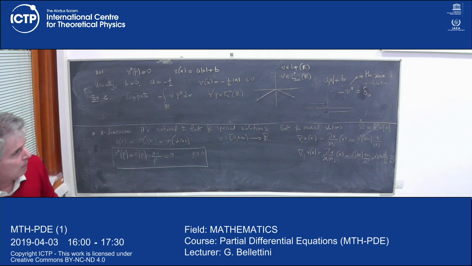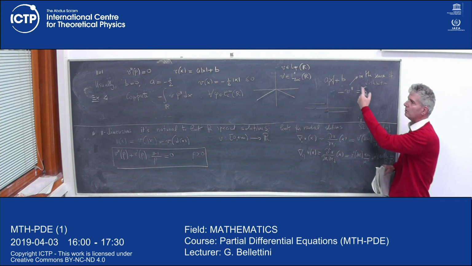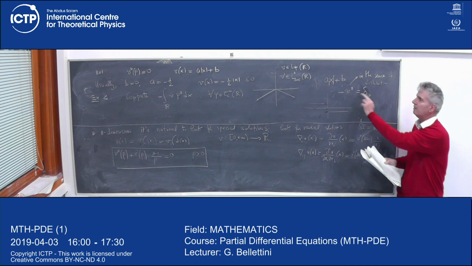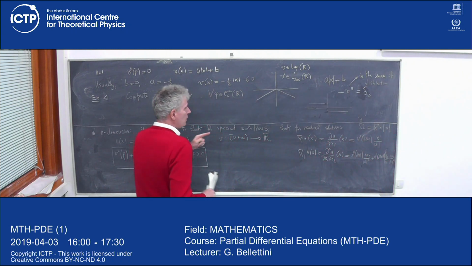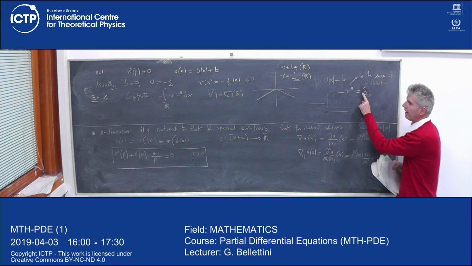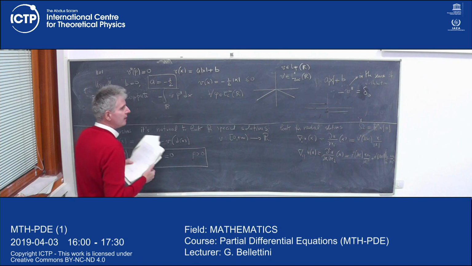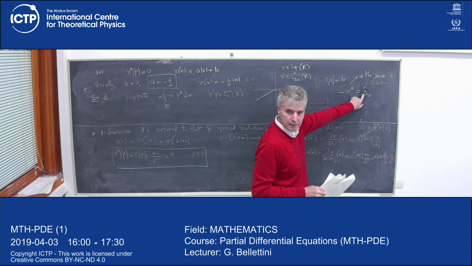Now, you see this function has a v second which is not a function. What does it mean? It is not representable as an L1 loc function. But in any case, it is this object, which is a measure. Now, you see from this expression, I have chosen this 1/2, minus 1/2, exactly because I like to have minus Laplacian equal to plus 1 times Dirac delta.